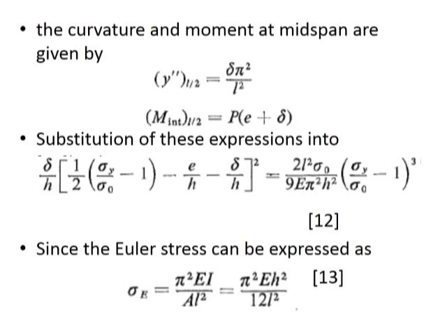Since the Euler stress can be expressed as sigma E is equal to pi squared EI divided by A L squared, which is equal to pi squared E h squared divided by 12 L squared.